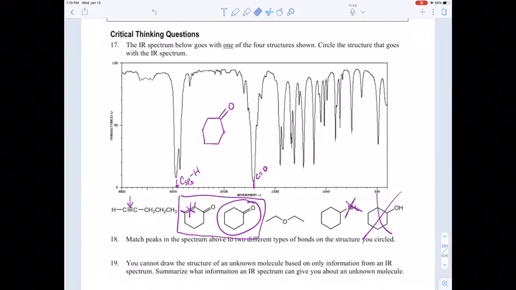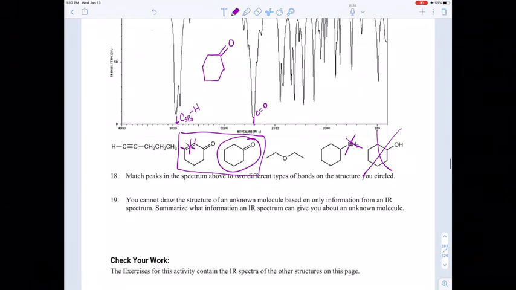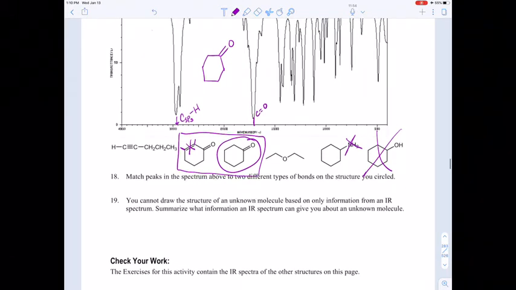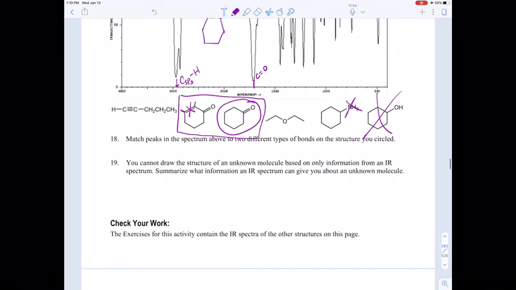Again, we don't have anything in that range, so we know it's not that one. And so on. So, there we go. We know we have that. Match peaks in the spectrum above to two different types of bonds on the structure you have circled, and we've done that.